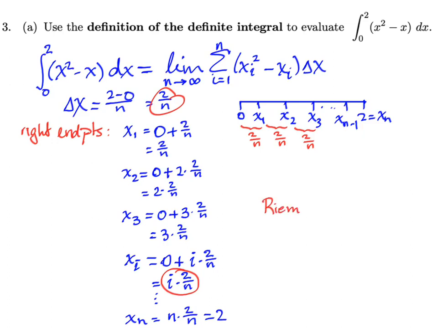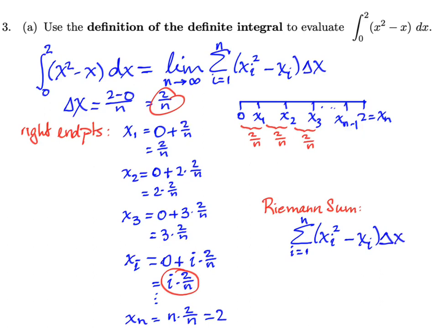So the Riemann sum, without the limit in front, is the sum from 1 to n of f of xi delta x, so xi squared minus xi times delta x.